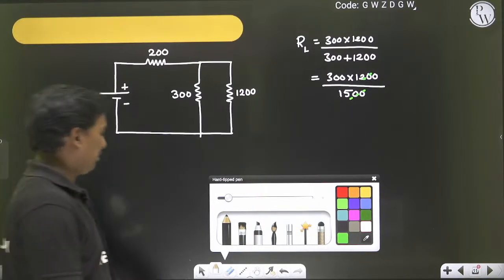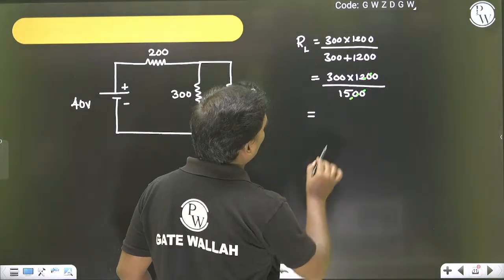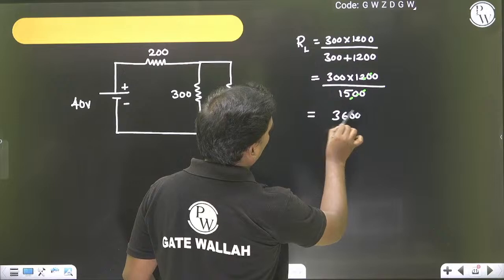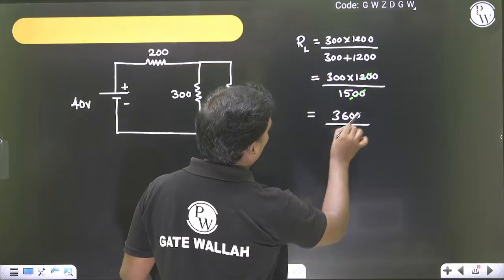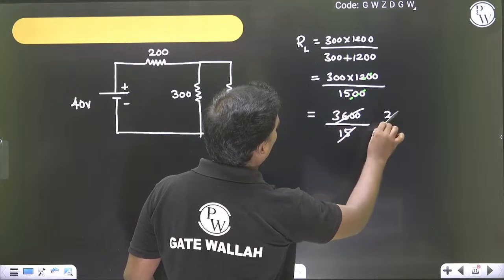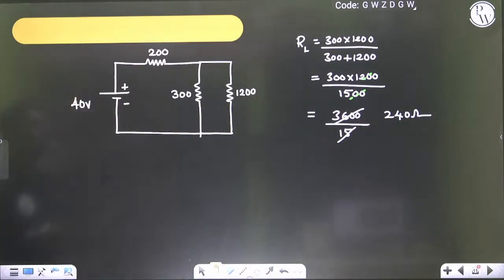So 12 into 300, 3600, divided by 15, that is 240 ohms. Am I right? 300 into 1200 by 1500, 3600 divided by 15. Yes, 240 ohms.